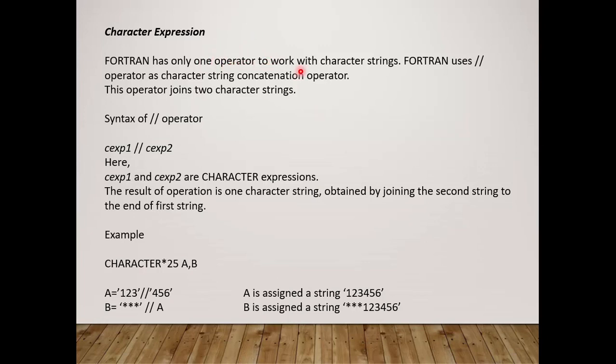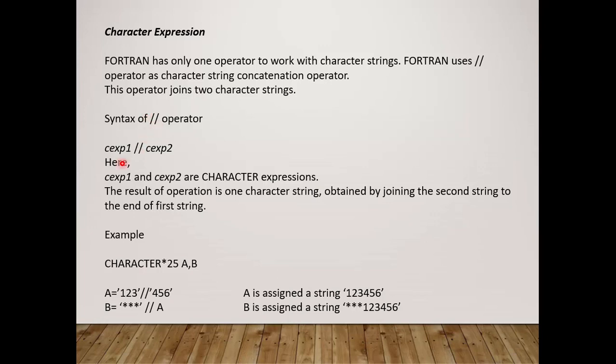It has only one operator to work with character strings, and Fortran uses the double slash as the operator. This is also called the concatenation operator. This operator joins two character strings. Whatever two different characters there are, they can be joined with the help of this operator.